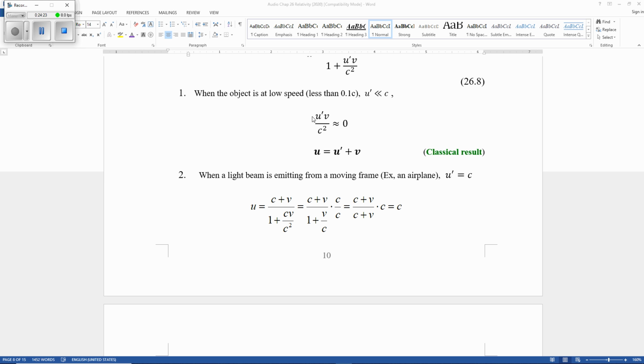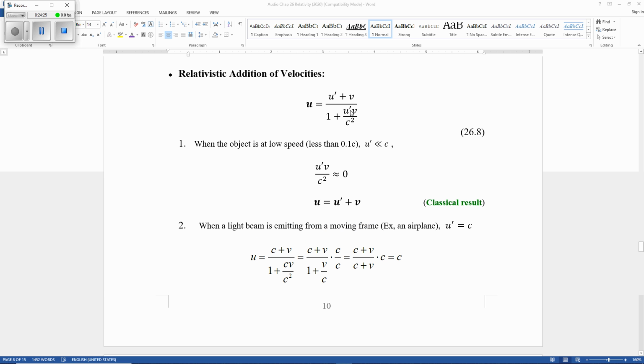So this term almost equals 0, and the denominator equals 1. Then what do we have? The classical result. So this equation is correct: at low speed it reduces to classical.